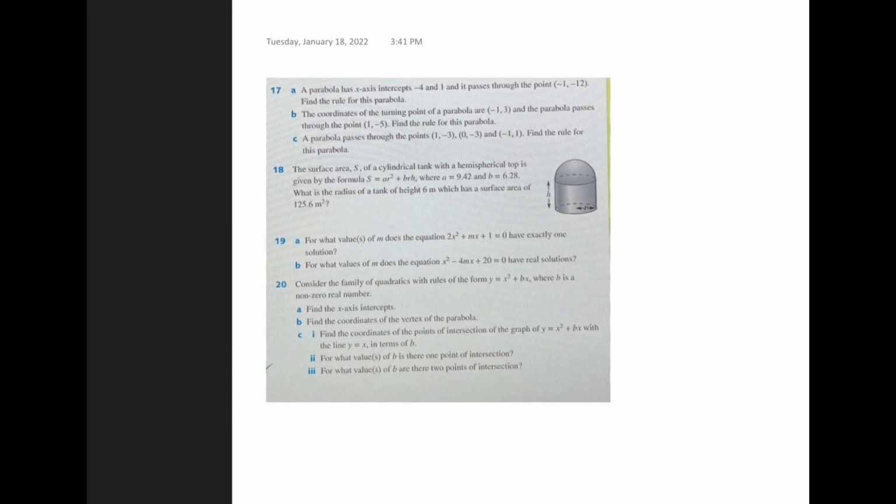Okay, so let's continue with number 17 here. Question 17. So again, this is another problem solving. A parabola has x-axis intercepts minus 4 and 1, and it passes through the point minus 1, minus 12. Find the rule for this parabola. Since they give us the x-intercepts, we can put it in this form.